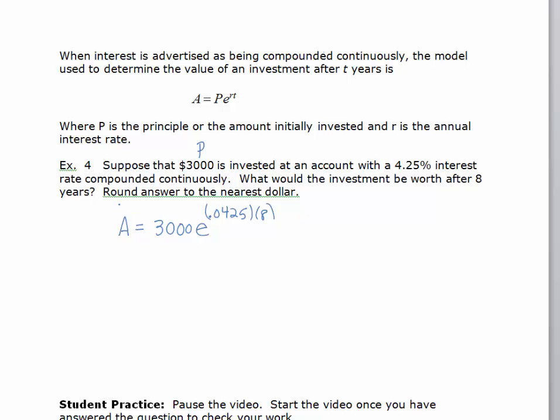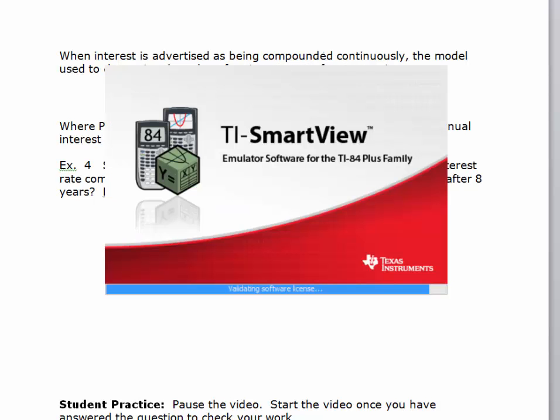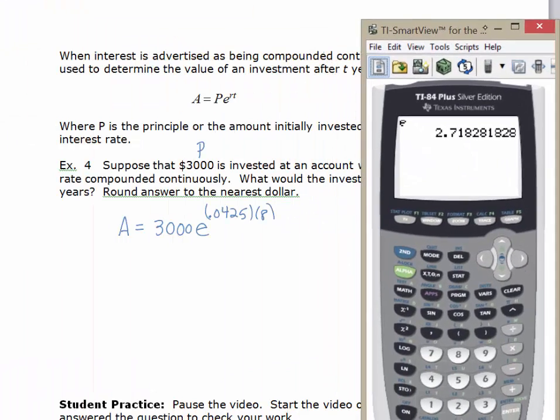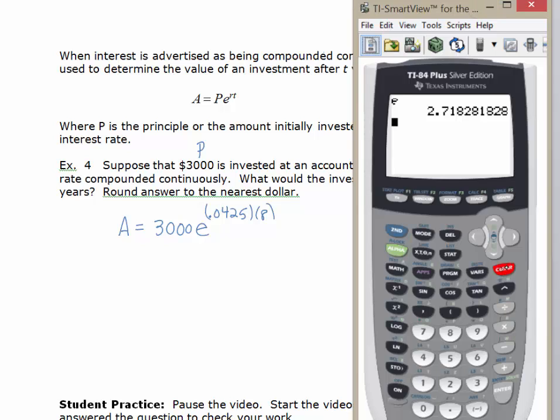and what we're going to do is evaluate this in our calculator. So we'll do 3,000. Now there's two e buttons. There is an e that is above the division symbol, and that's just a plain old e. And then there is an e to the x, which is above the natural log button, ln, which we'll discover later.